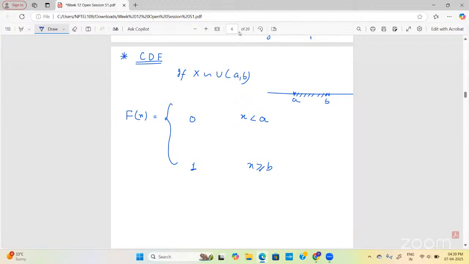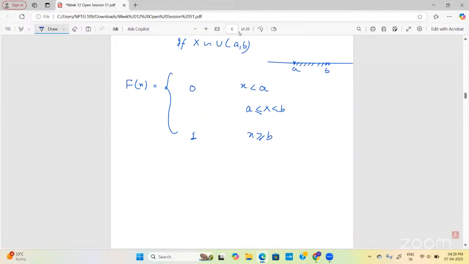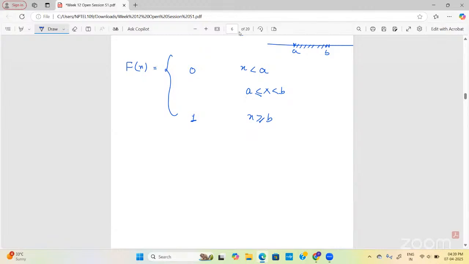Now we have the range A to B, so we have to find the CDF in the range A to B. We will calculate F(x) in this range.